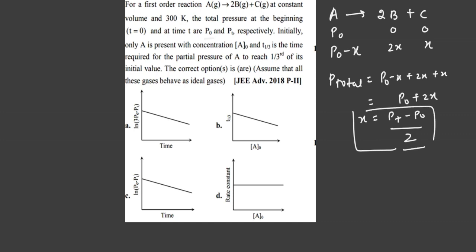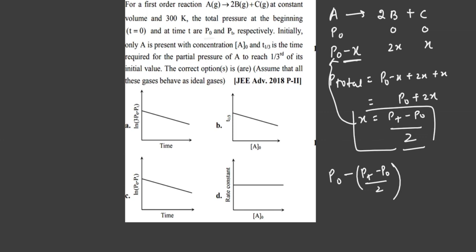Okay. Now I will substitute this value of X in P naught minus X. Upon putting the value, I will get P naught minus X is P naught minus (PT minus P naught) upon 2.